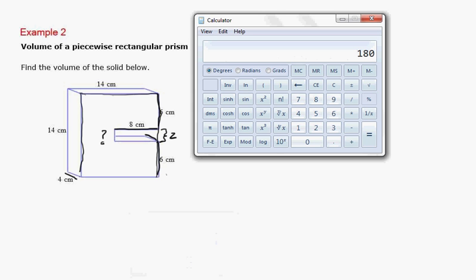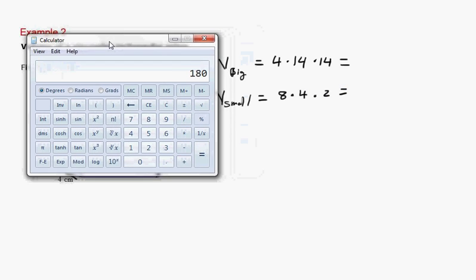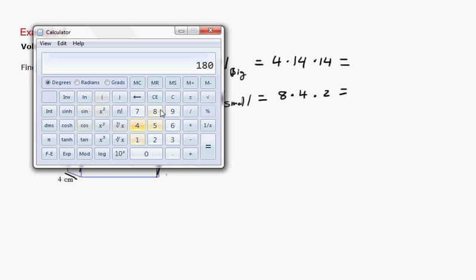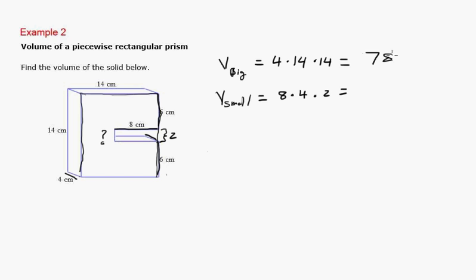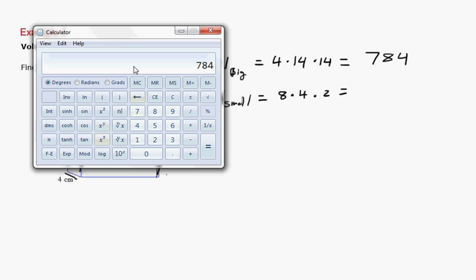With the calculator, 4 times 14 times 14 equals 784. And then, clear, 8 times 4 times 2 equals 64.